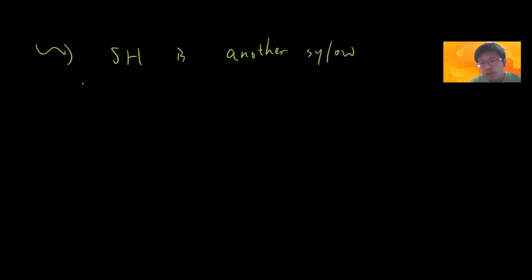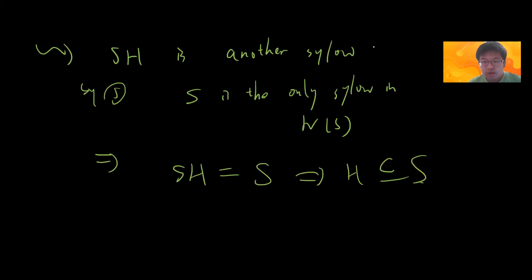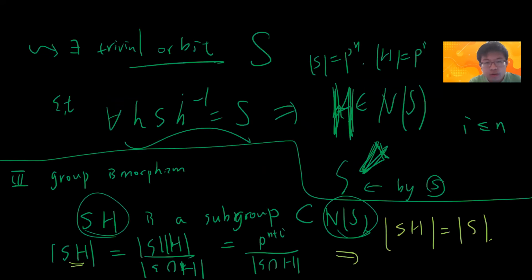I just showed by 5 that S is the only Sylow in the normalizer of S. So which tells you that SH must be S, so H is a subset of S. Okay, so H is a subgroup of S. This is the theorem that we just proved.